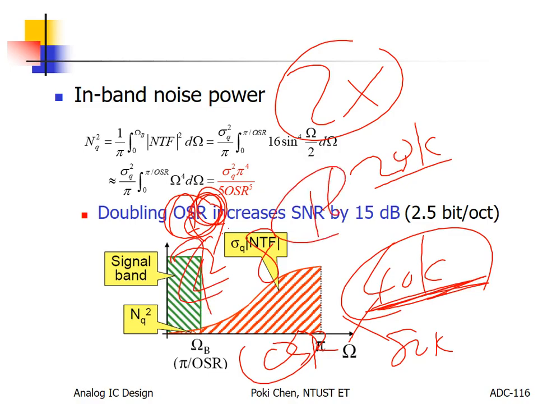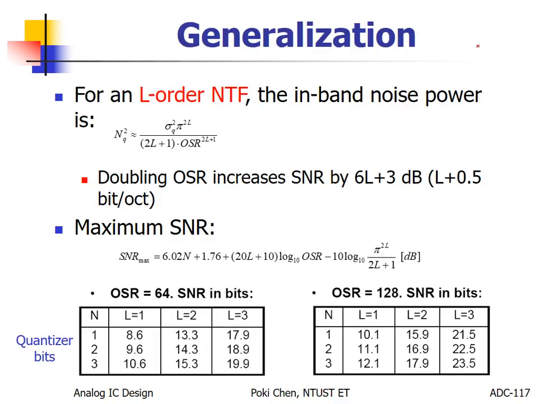For such kind of sigma delta modulation ADC, as I told you, at least 64 and all the way to 256. Okay, so this is a brief review of the power of delta modulation.